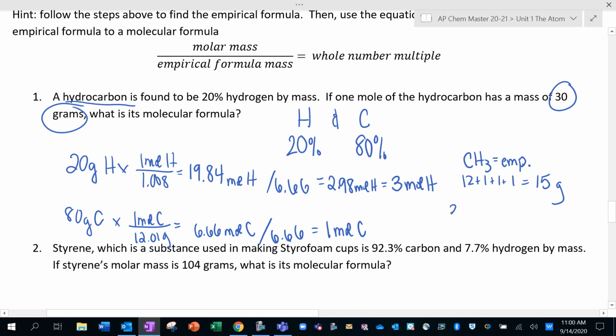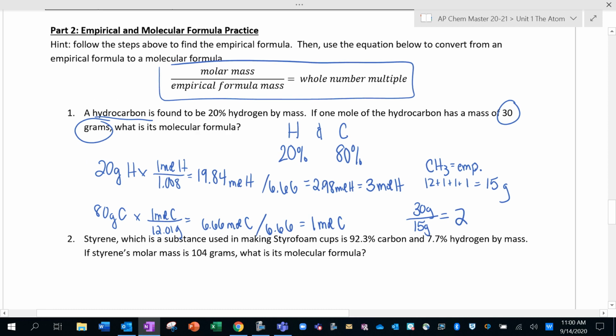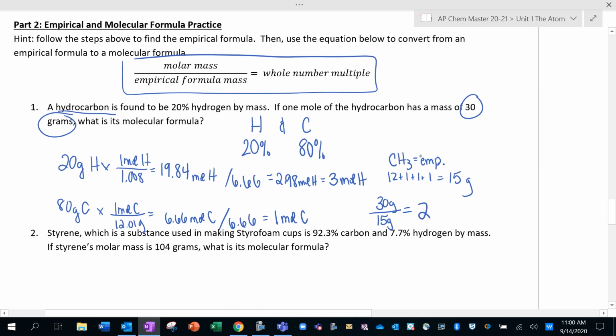So I'm going to take the molar mass, 30 grams, divide it by the empirical formula mass. So I'm looking at this right here. And I'm going to end up with some whole number. So in this case, the number I get is 2. What that means is that the molecule is twice as big as this empirical formula. So I want the same ratio, a 1-to-3 ratio, but I'm going to multiply everything by 2.